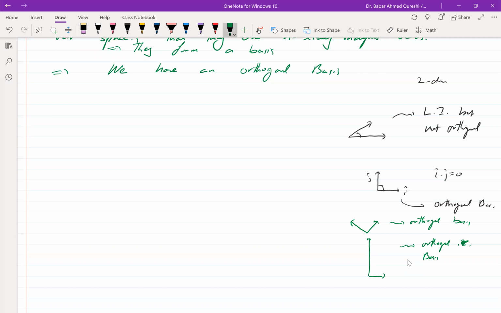It's an orthogonal basis. This one, since their lengths are 1, is an orthonormal basis. If you are given an orthogonal basis, you can very easily make it an orthonormal basis, as we discussed just now. You just have to scale their lengths.